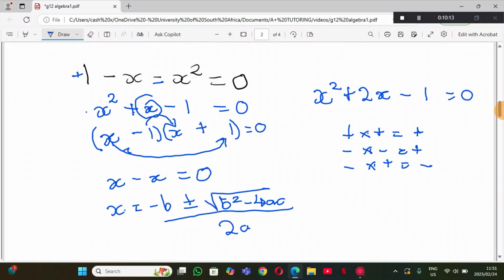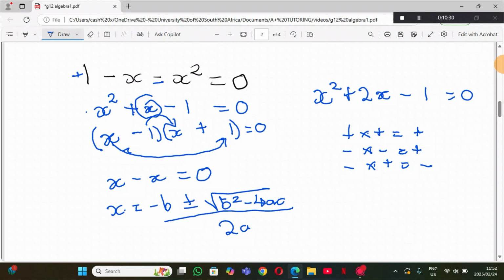Because when we use the factoring method, we don't necessarily get decimals, right? Because we look for factors which are whole numbers and integers. So the quadratic formula allows us to find the right factors even if they are decimals and fractions.